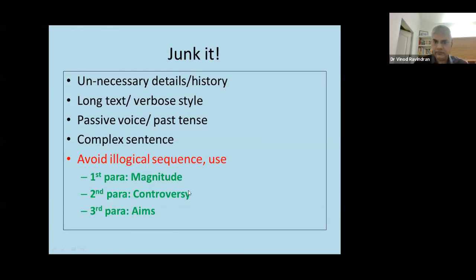And very simply, your 3 to 4 paragraphs, even at the risk of repetition, should just identify what is the magnitude of the problem, what is the controversy, debate, lacunae or gap in our knowledge, and what you are going to do about it, or what you actually did in your study.